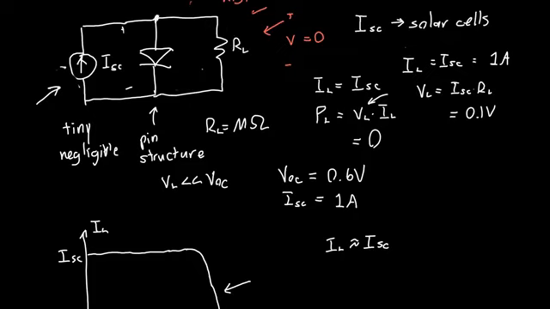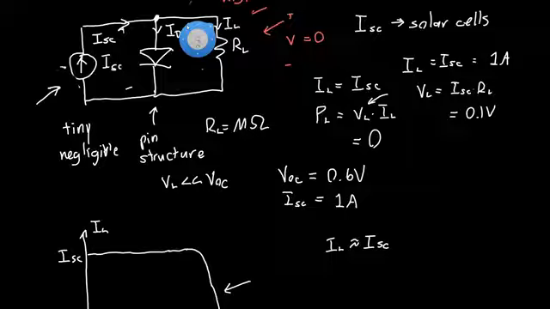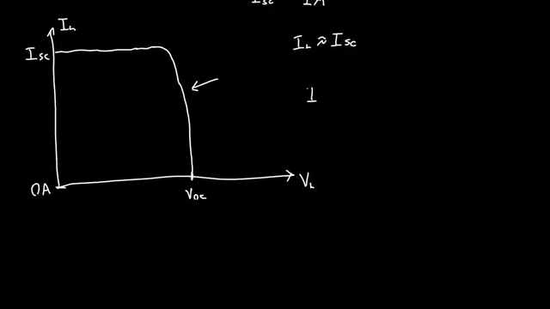Our short circuit current, ISC, is equal to our diode current plus our load current.